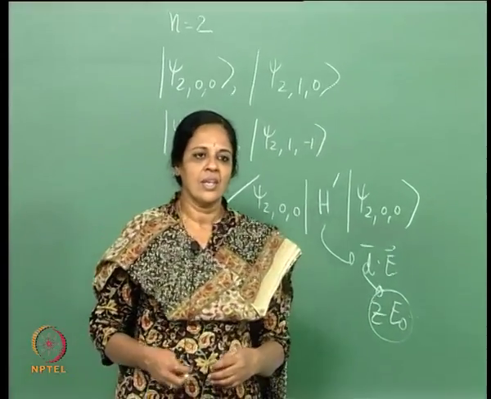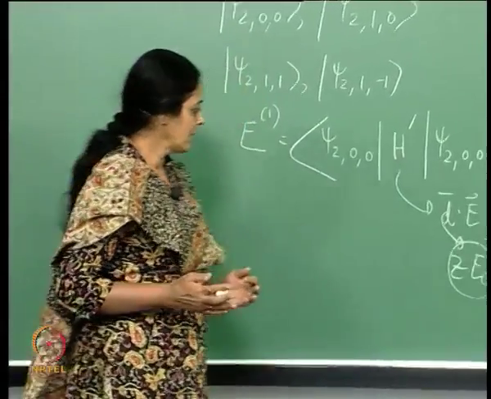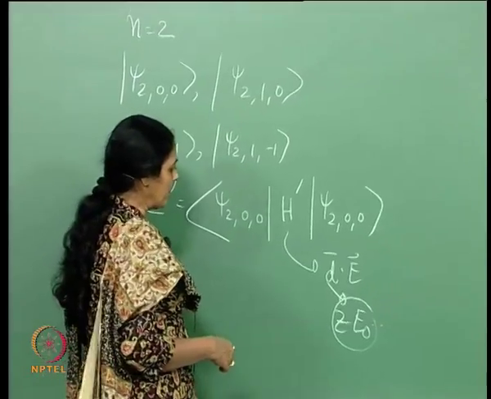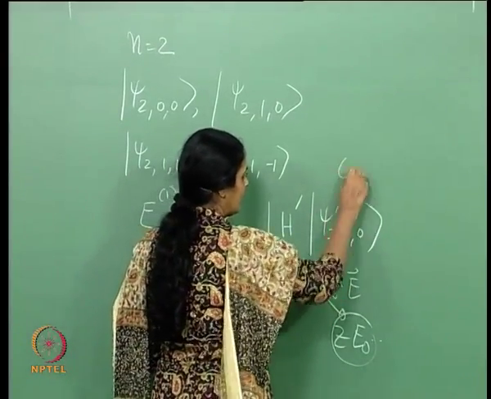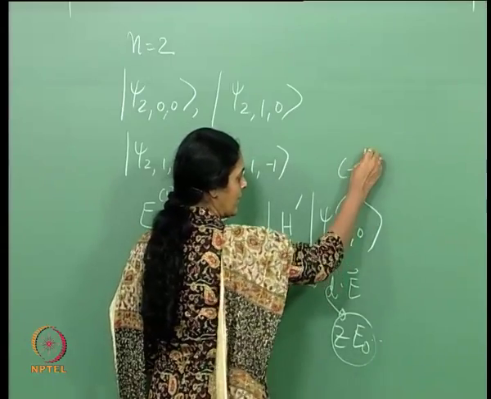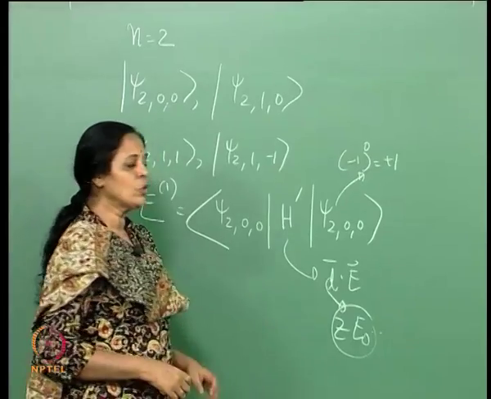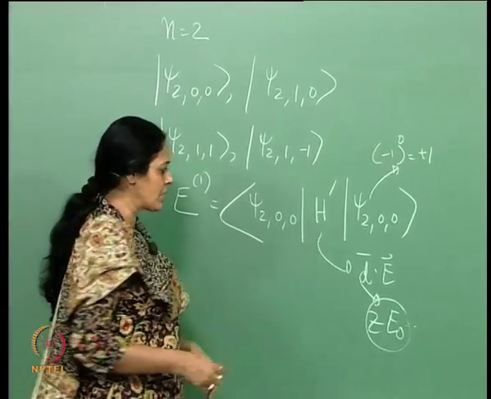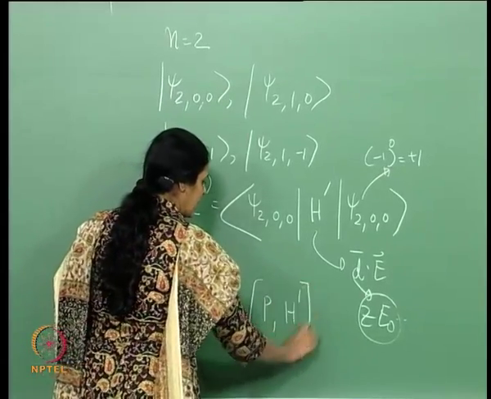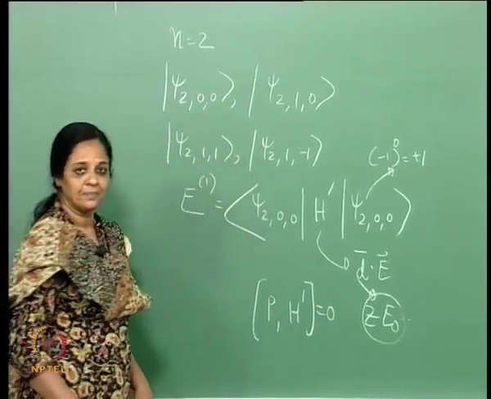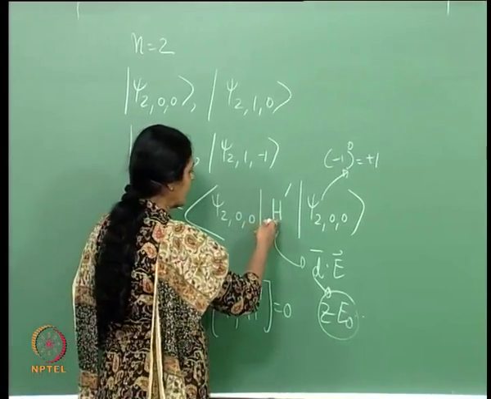Electromagnetic interactions and strong interactions conserve parity. Now, what does that mean? If you look at the parity of this state, this is minus 1 to the L, and L is 0, which is plus 1. When you say that electromagnetism conserves parity, it means that the parity operator commutes with the Hamiltonian. So, look at this.